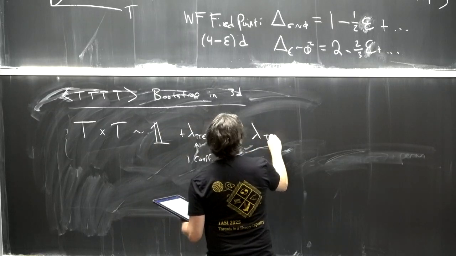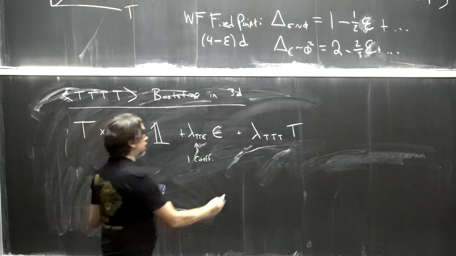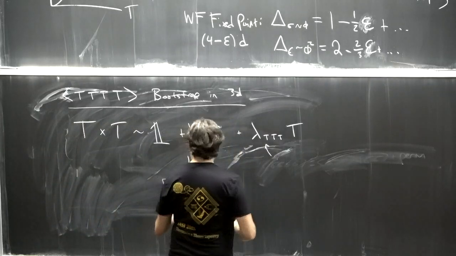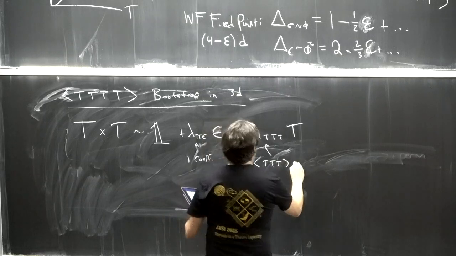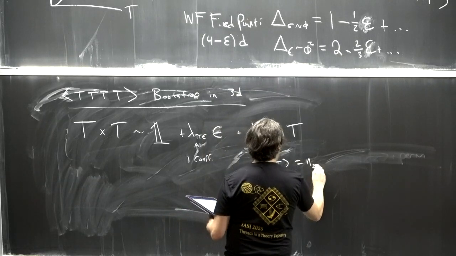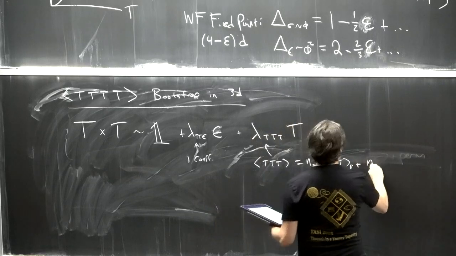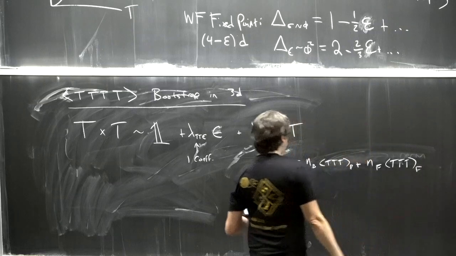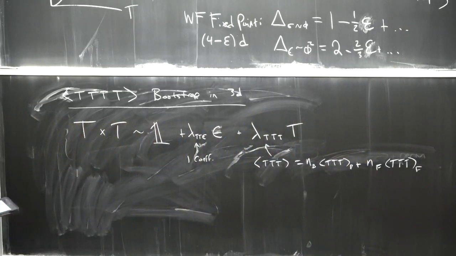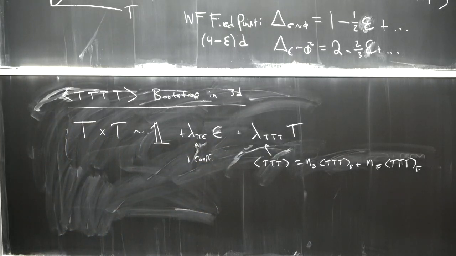Now there's also the stress tensor itself that appears. Here, as you've seen in both my lectures and Tom's lectures, there are multiple structures. So we have this NB, this NF, structures corresponding to the free boson TTT 3-point function and the free fermion one. Here we're in 3 dimensions.